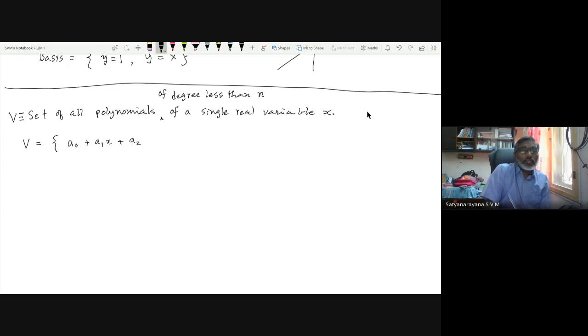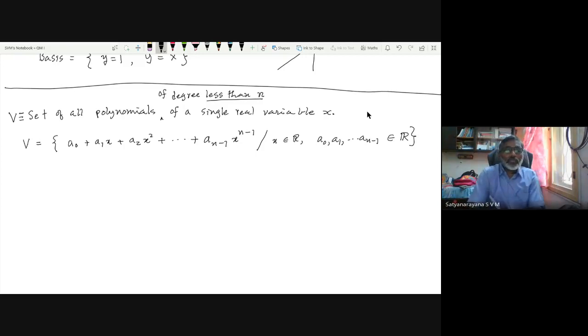plus a2x squared, etc., up to an minus 1 x to the power n minus 1, such that x is a real number and a0, a1, etc., an minus 1 are all real numbers.